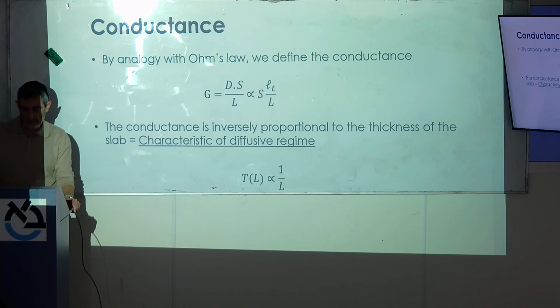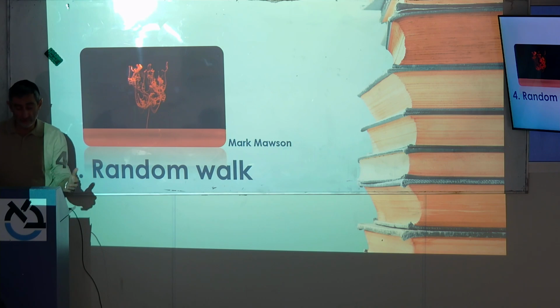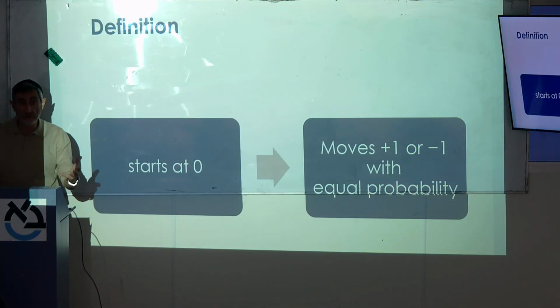Okay. So I want to finish by introducing the concept of a random walk, which exactly reproduces the diffusion of any phenomenon: diffusion of heat, diffusion of light, diffusion of molecules in a gas, the Brownian motion, for instance, in a liquid.